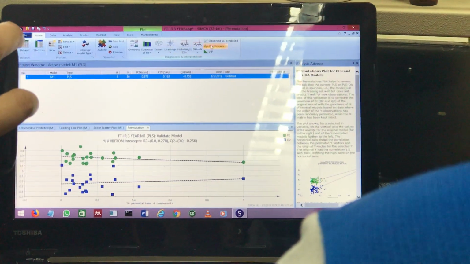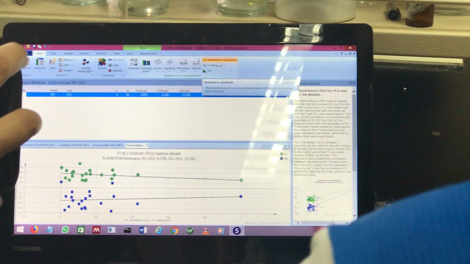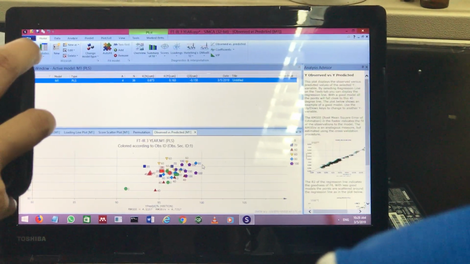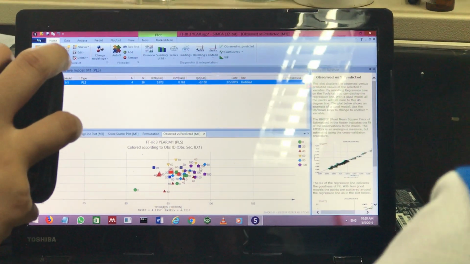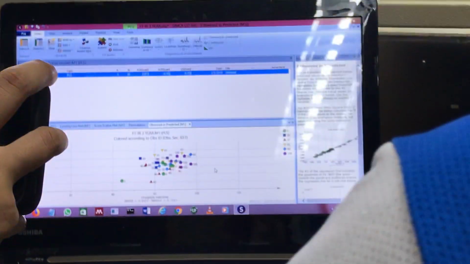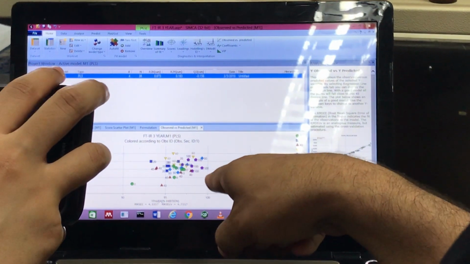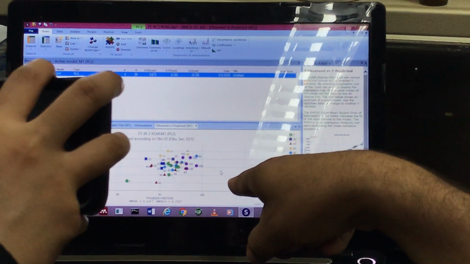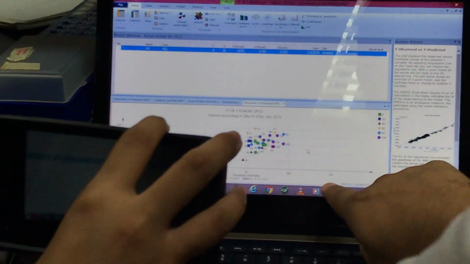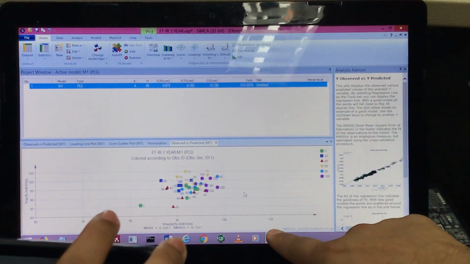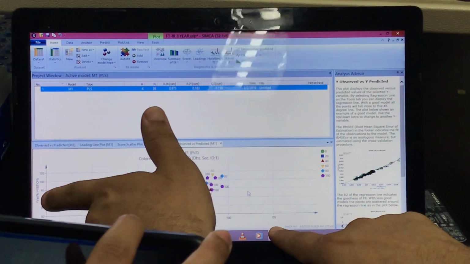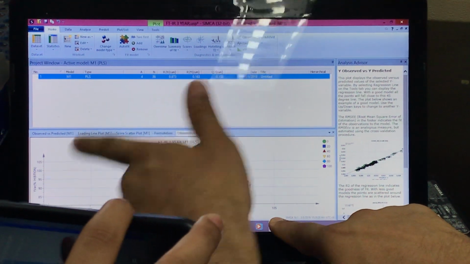Then we have to use the last test, observed versus predicted. You can see how it is. This is the predicted IC50 value, and this is the observed IC50, the original one.